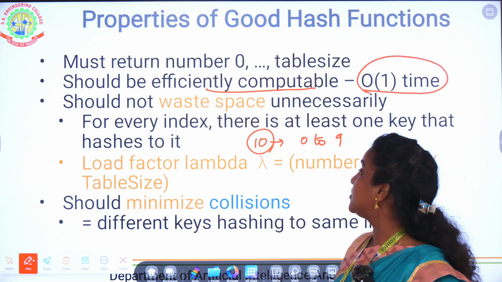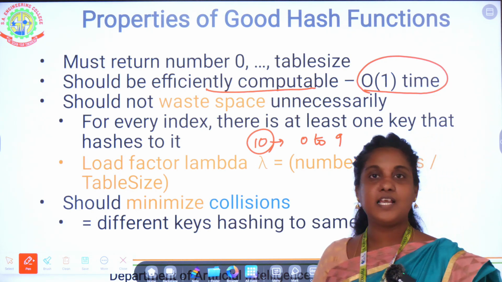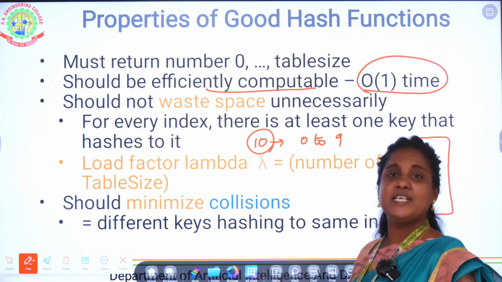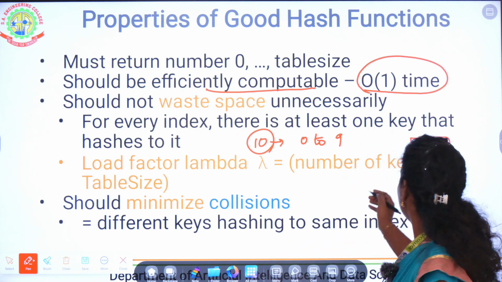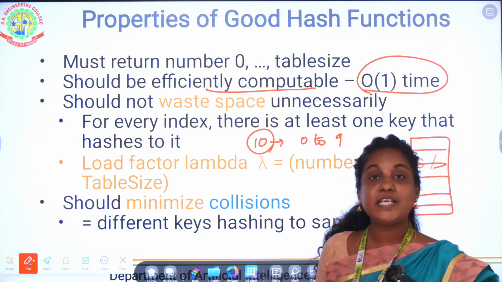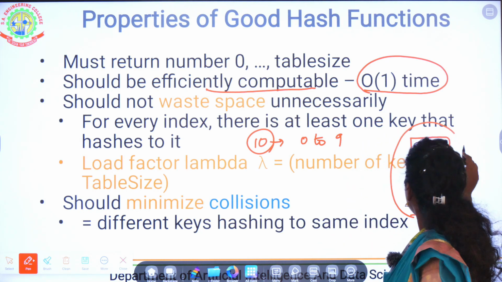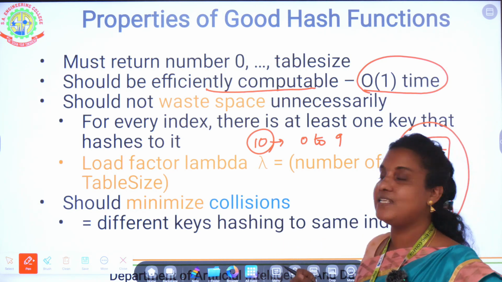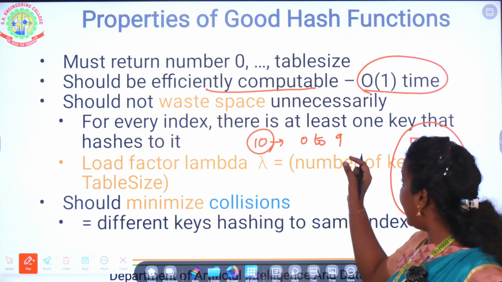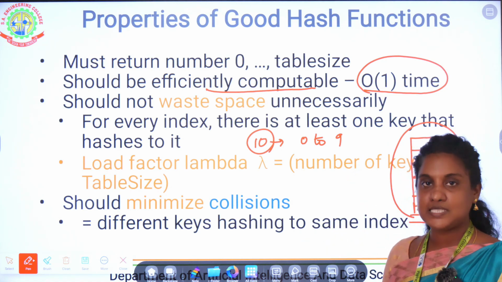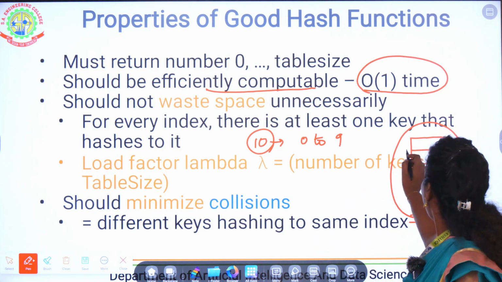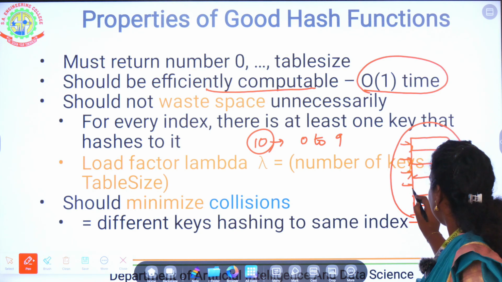Third point is, it should not waste space unnecessarily, of course, because memory is very costly. If you want to buy RAM or whatever, it's very costly. So you should not waste space unnecessarily. Which means if my table size is 10, whatever hash function we select should use all the slots efficiently.